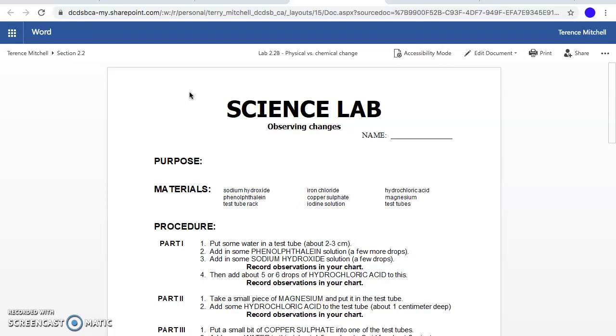Physically it's gone from a solid to a liquid, but it's still H2O molecules. We don't have anything new. If I was to take a piece of paper and color it red with a crayon, I've changed it, but we don't have anything new. We just have waxy crayon on top of paper.